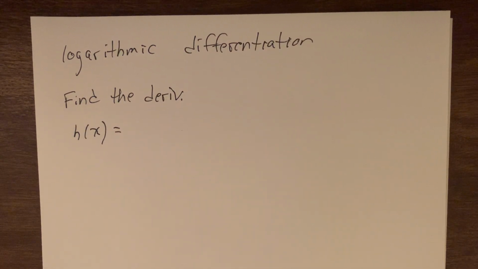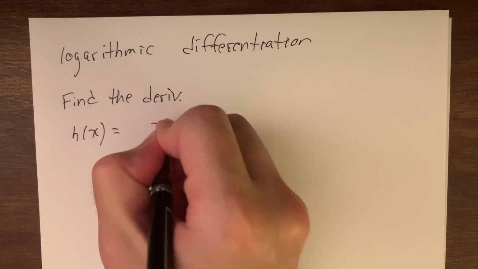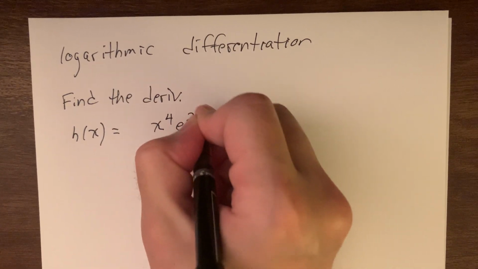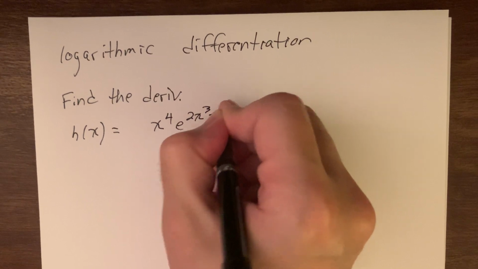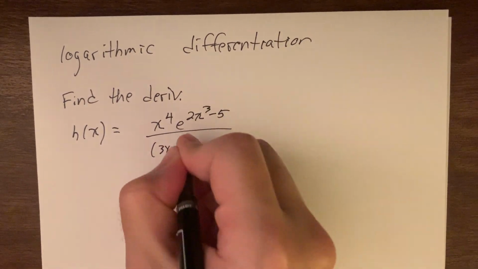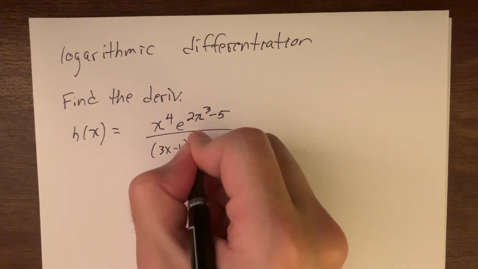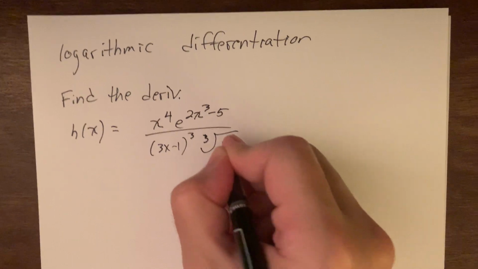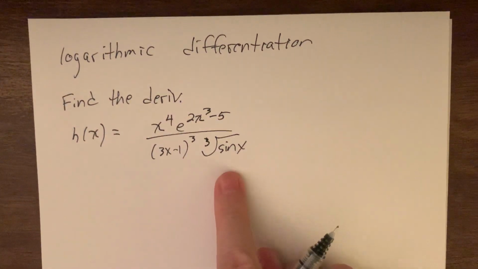Let's find the derivative of x to the fourth times e to the 2x cubed minus 5, divided by 3x minus 1 to the third power times the cube root of sine x.